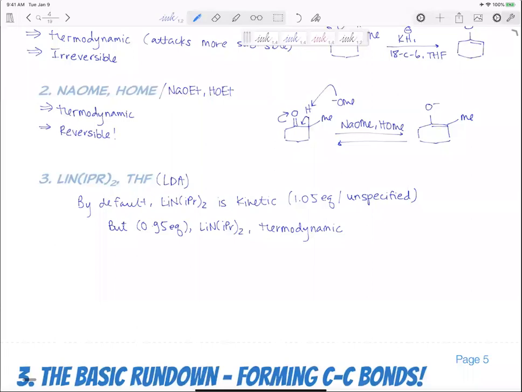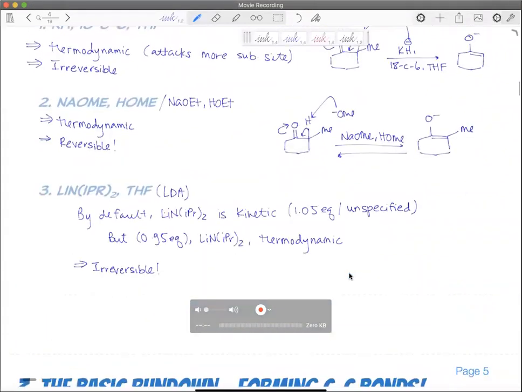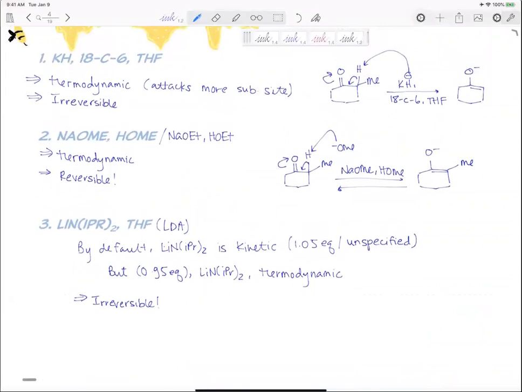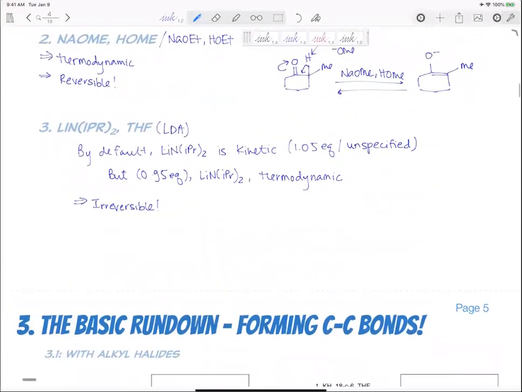So is there a way to identify if a base is reversible or irreversible? It's only NaOMe, basically. Everything else is irreversible. And this base by default is also irreversible. So just take note of the behavior of each of these bases. If you choose, for example, let's try this here.